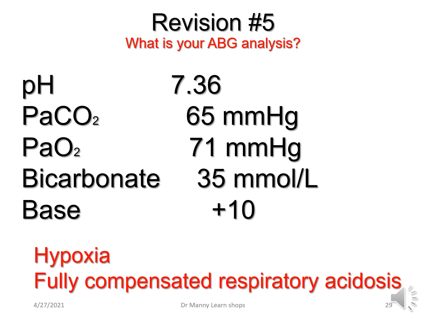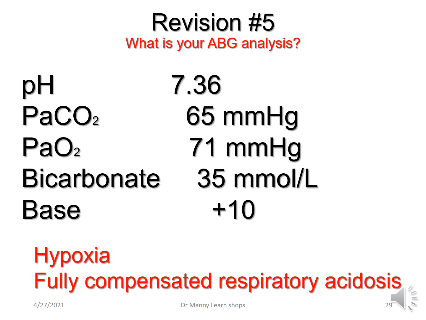The kidneys have retained bicarbonate to compensate for the increased CO2 load, which isn't going away. This is a chronic problem. However, the acid base in the pH is normal. So this is a fully compensated respiratory acidosis.